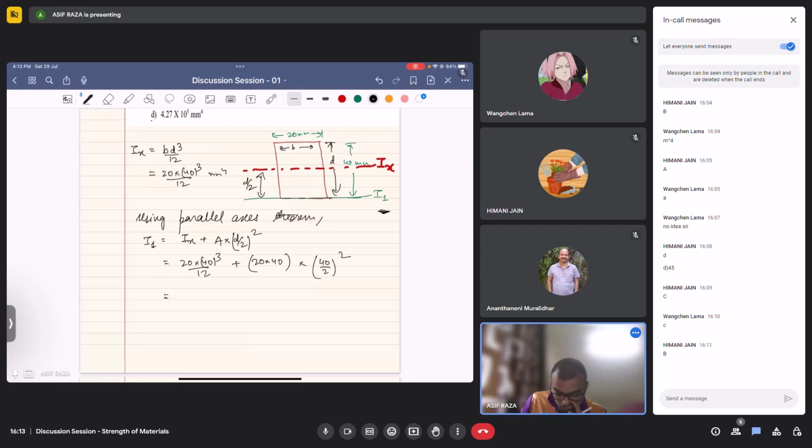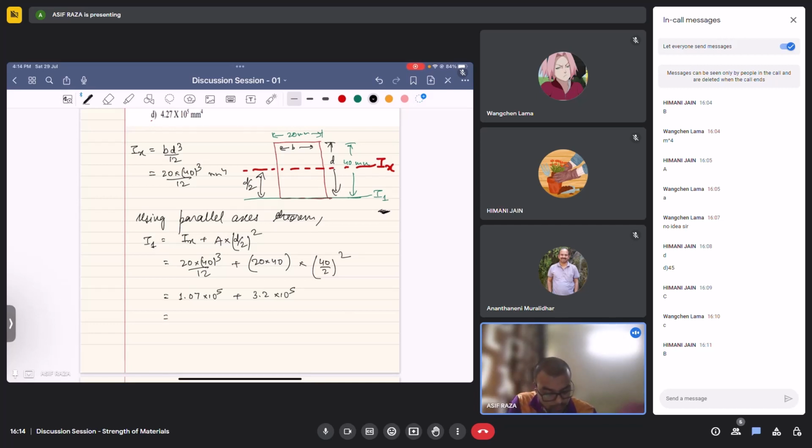Okay, so let's work it out. So 20 into 40 cube divided by 12 is like 1.07 into 10 to the power 5, plus this is 20 into 40 into 20 into 20, and this is 3.2 into 10 to the power 5, right?